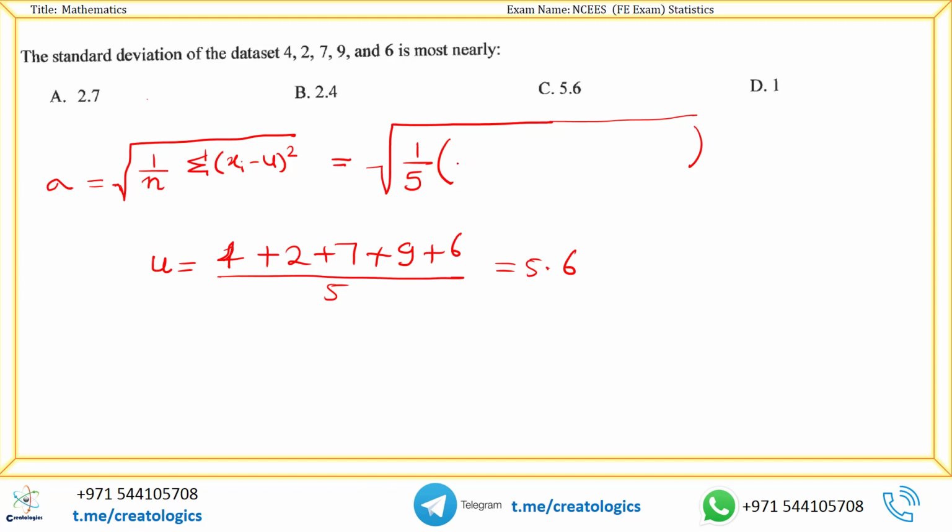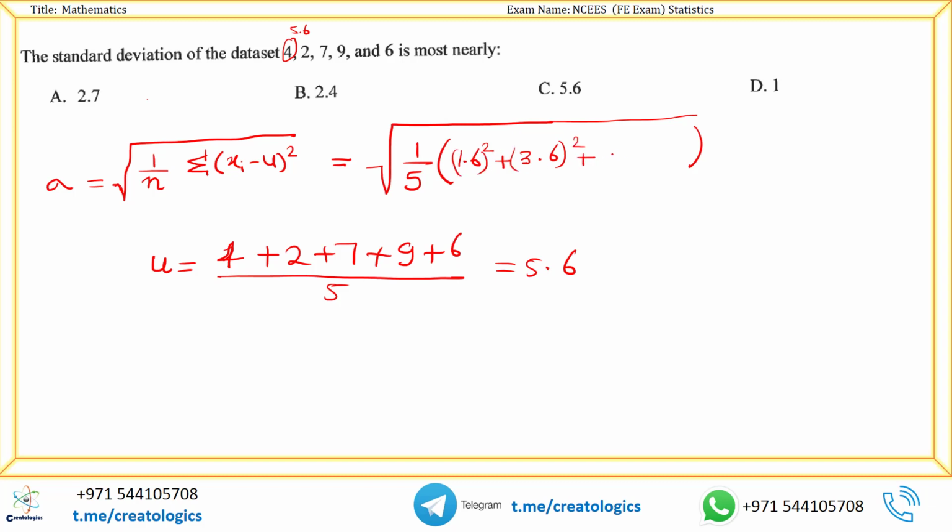Okay, so I will get 4 minus 5.6. So that gives me 1.6 squared. Then after that I have this 2 minus 5.6. From here I will get 3.6 squared.